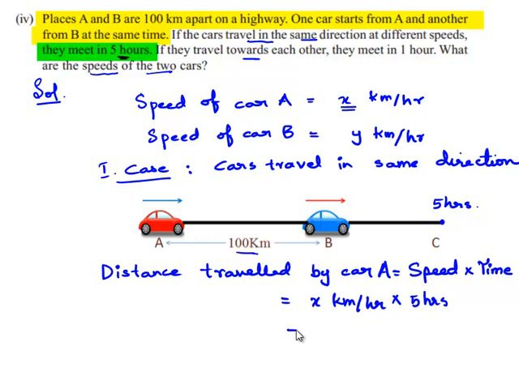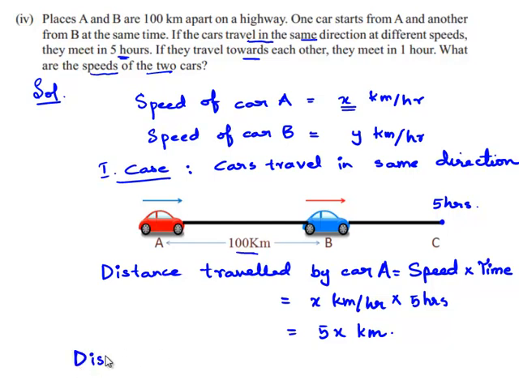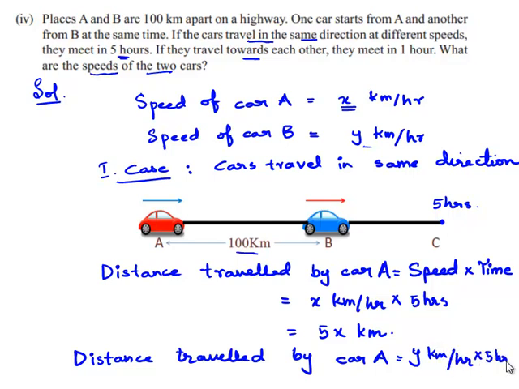So we will be getting distance traveled as 5x kilometers. Also, distance traveled by car B is equal to speed multiplied by time. The speed of car B is y kilometers per hour and the time taken is 5 hours. So we will be getting this as 5y kilometers.